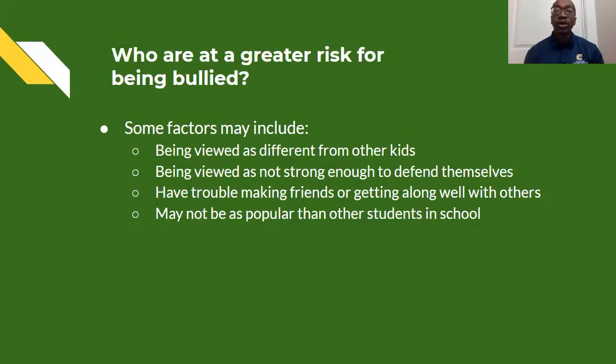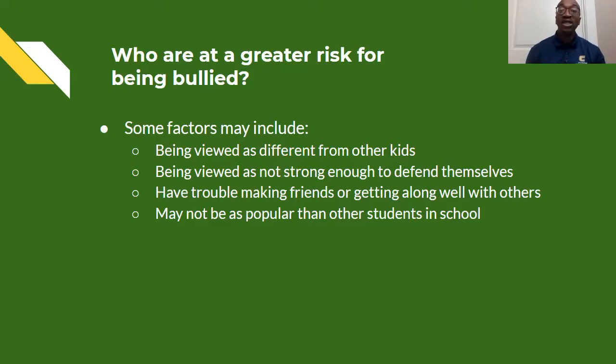So who is at a greater risk for being bullied? Some factors may include the person may be viewed as different from other kids. So the person may have clothes that are different from everyone else, or they may be from a certain background, which may increase their chances of being bullied by someone.